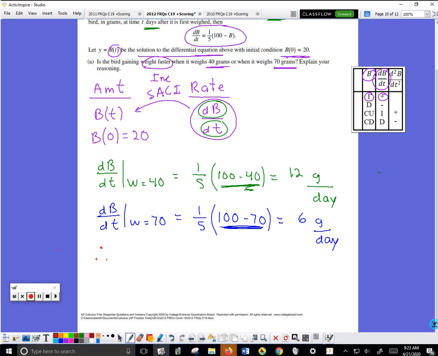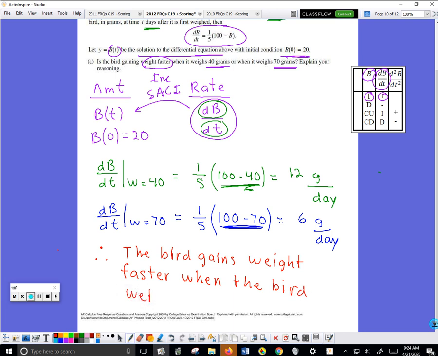Therefore, the bird gains weight faster when the bird weighs 40 grams. It's low on the board here, so it's hard to write.